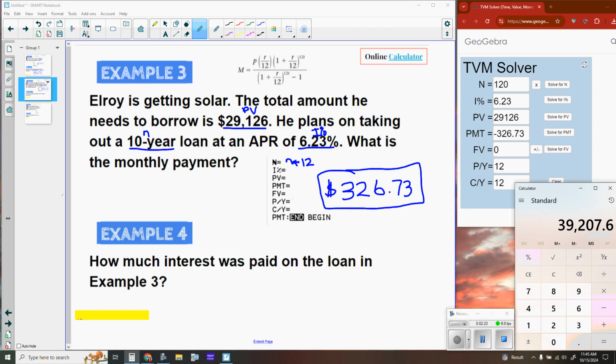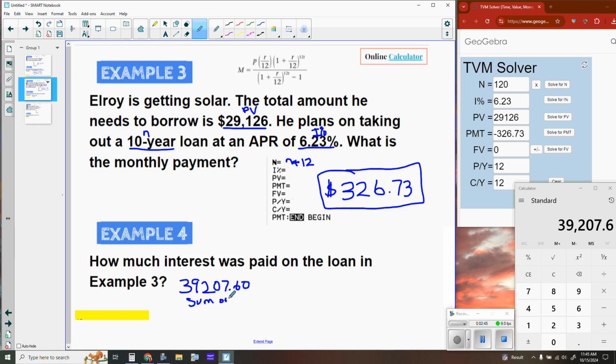And I'm going to get the sum of the monthly as $39,207.60. I'm going to go ahead and write that down, $39,207.60. That's the sum of the monthly.